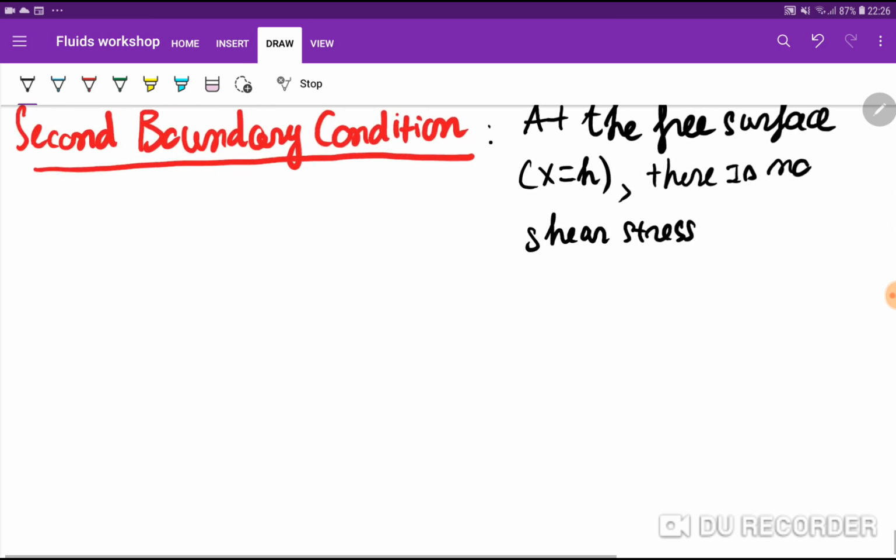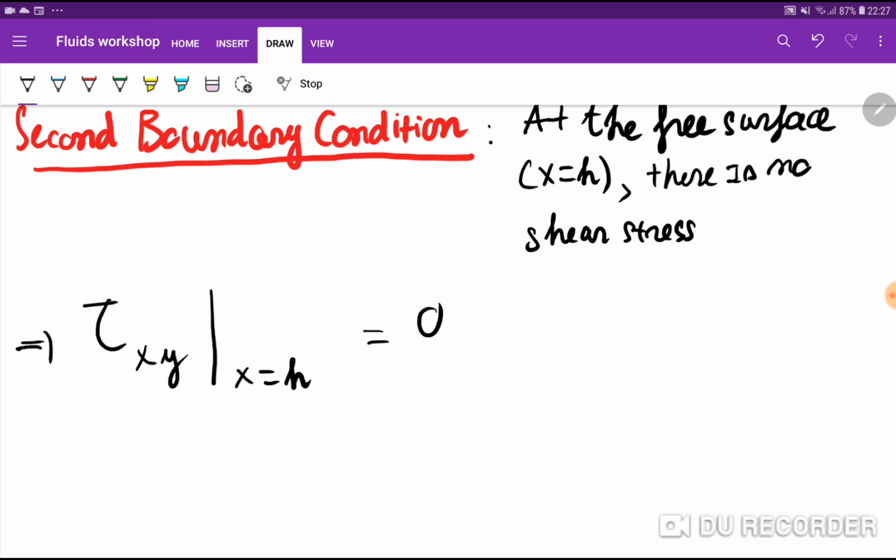Shear stress is denoted as tau, tau xy. The reason it's xy is that we only care about the xy plane. We don't care about xz or yz because z is irrelevant; remember, it spans to infinity. So tau xy at x equals h equals 0.